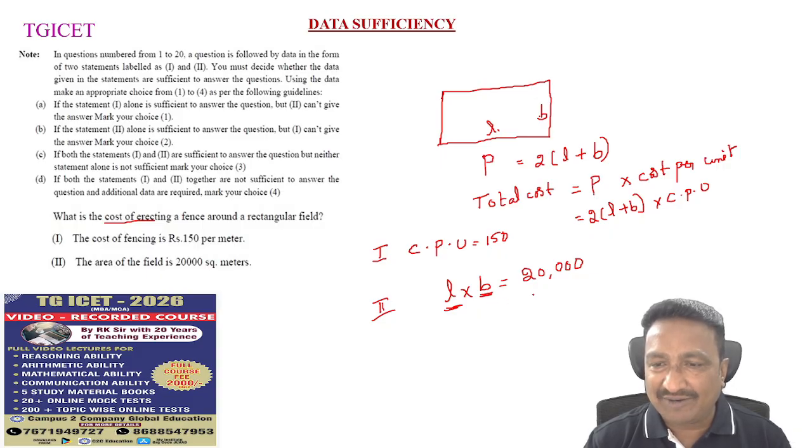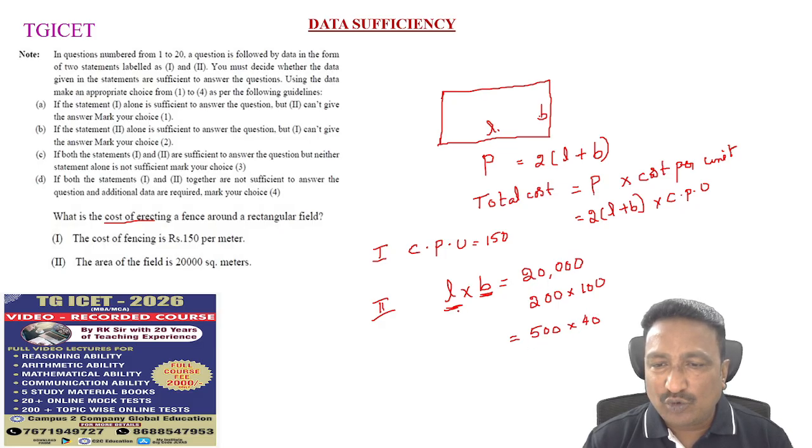For example, I will give 2 values. I can say length is equal to 200 and breadth is equal to 100. In this case, if you substitute here, you will get one perimeter. But if I take length is equal to 500 and breadth is equal to 40, in this case also, you will get a different value.